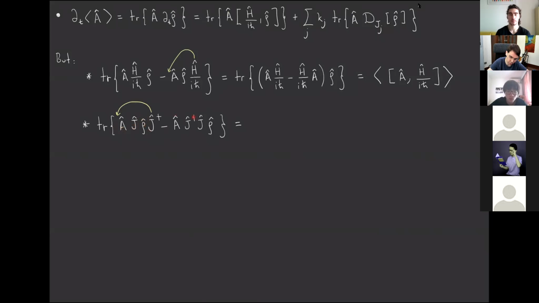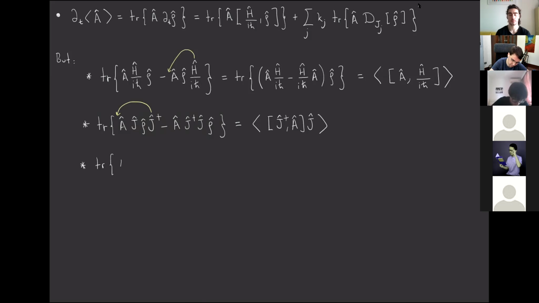But in here, you already have J rho on the right, and then A J dagger. So convince yourself that this will just be the expectation value of the commutator of J dagger with A times J. And of course, now we can do the same with the last piece of the dissipator.